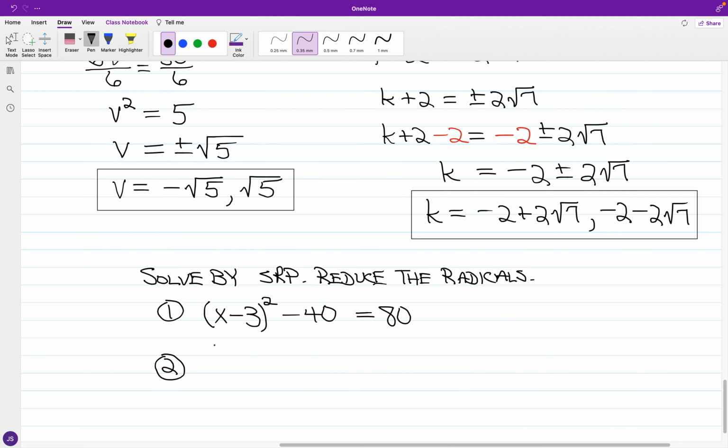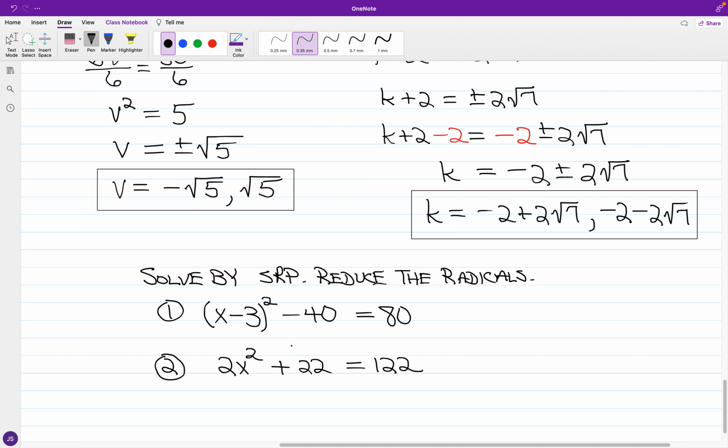Also, we'll say that we have 2x squared plus 22 is equal to 122.